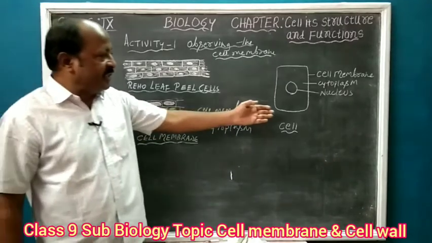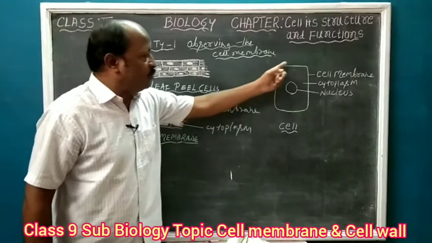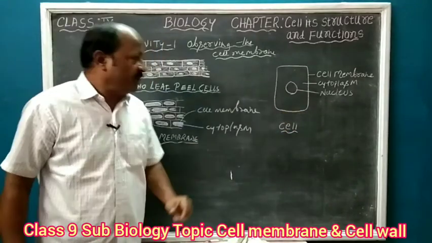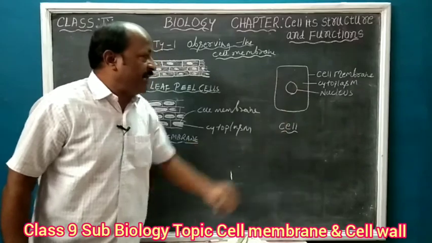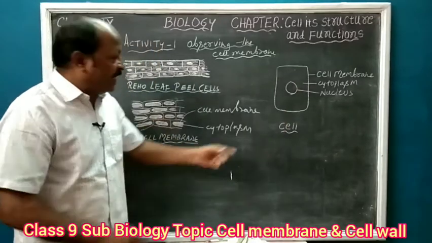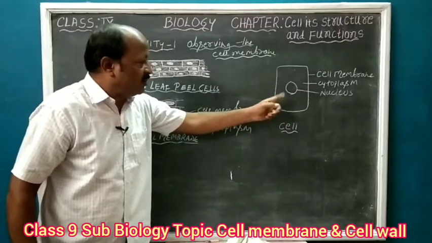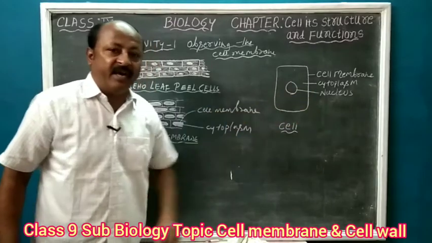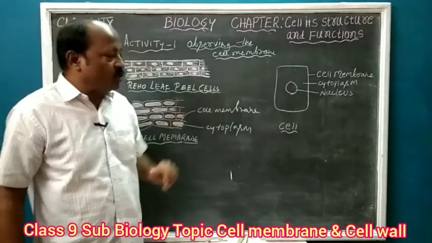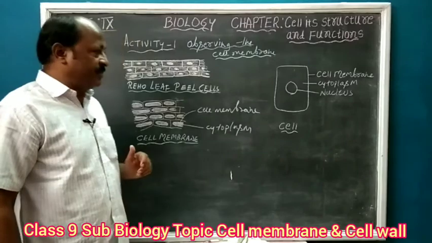As we can clearly see here, the cell membrane is the outer layer of the cell, and it separates the cytoplasm present inside the cell from the outside environment. It is also known as the plasma membrane.